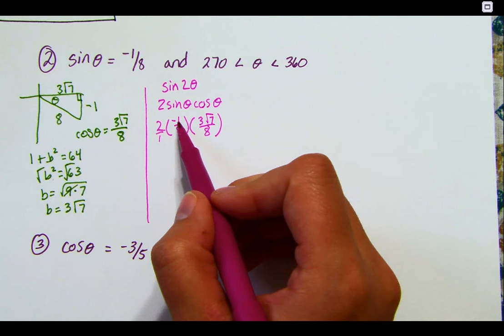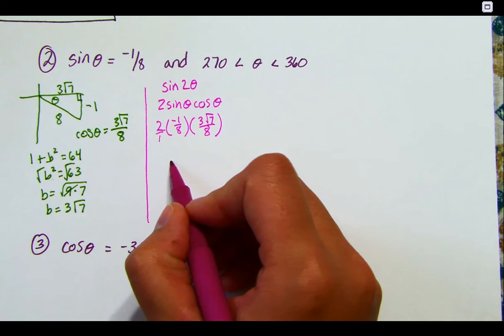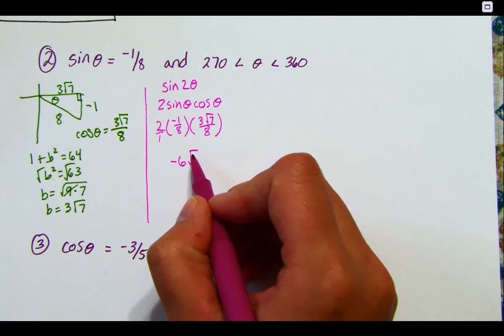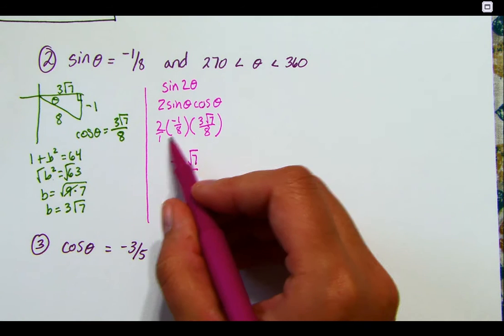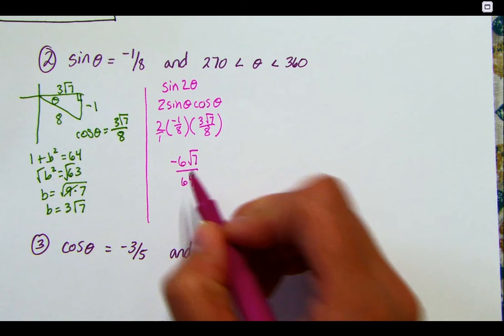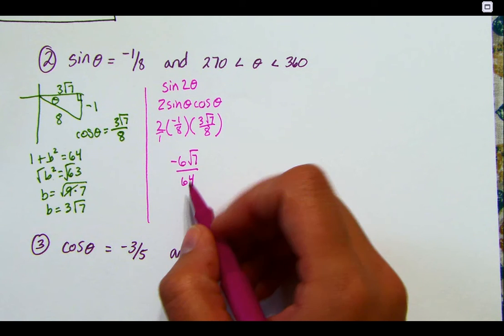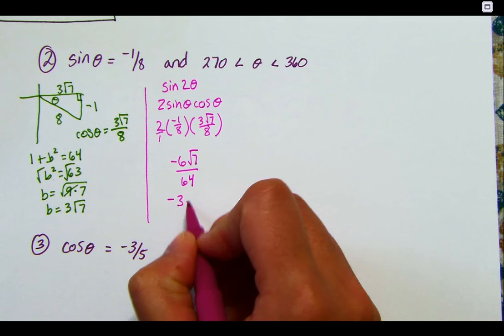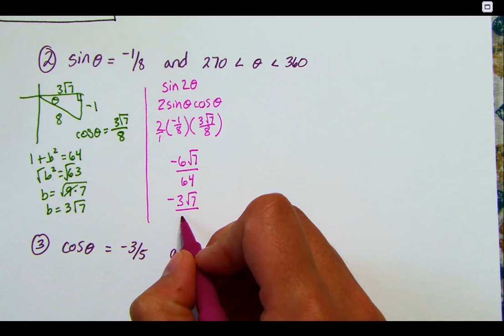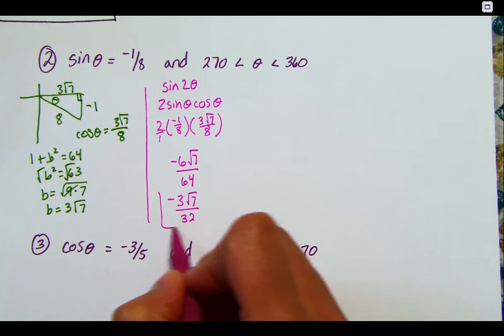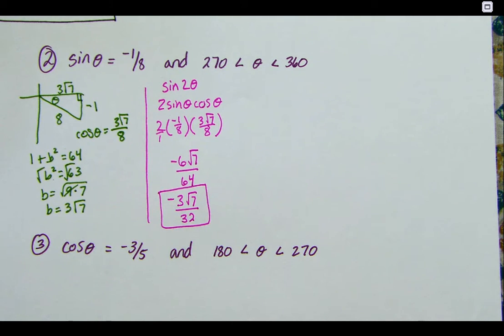So 2 times -1 times 3 is -6, and then we just keep that square root of 7 with it. 8 times 8 is 64. And then we need to reduce that because they are both divisible by 2. So then this will be -3 square root of 7 over 32 as our final answer for sine 2 theta.